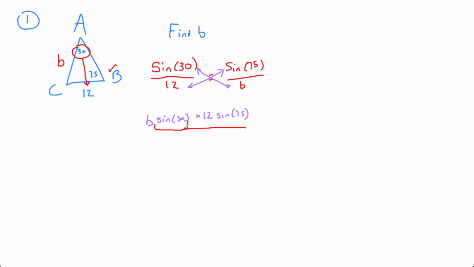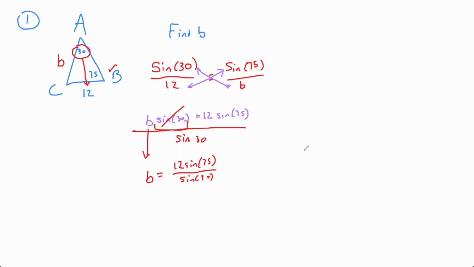So let's go ahead and divide both sides by sine 30. On the left-hand side, these two will cancel, leaving me just the b. And over here, I have 12 sine 75 over sine 30. And that is going to solve for my side little b.